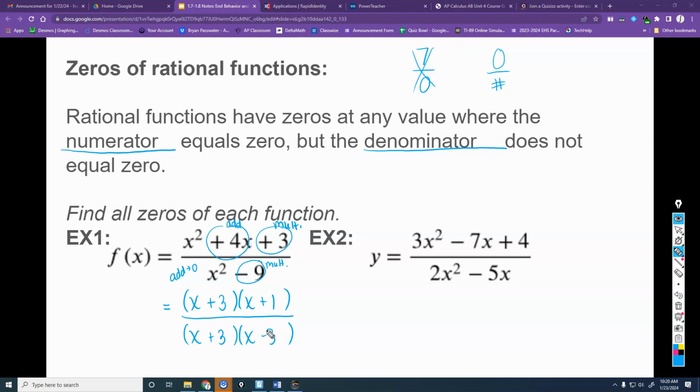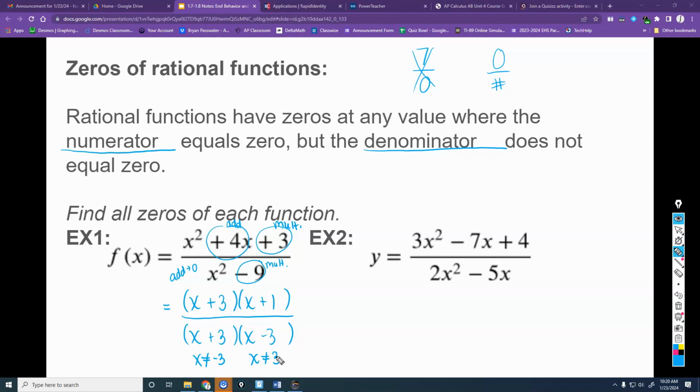Okay, so once you do this, you cannot have zeros in the denominator, right? That means, I'm going to write this, x cannot equal -3, and x cannot equal +3. Right? So in that denominator, x cannot equal -3 and x cannot equal 3.